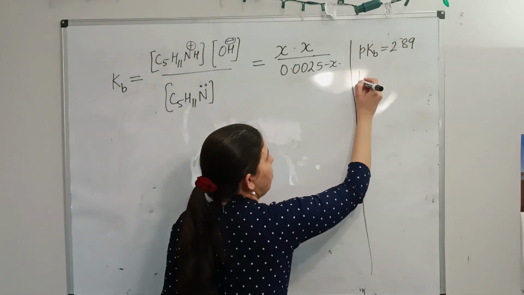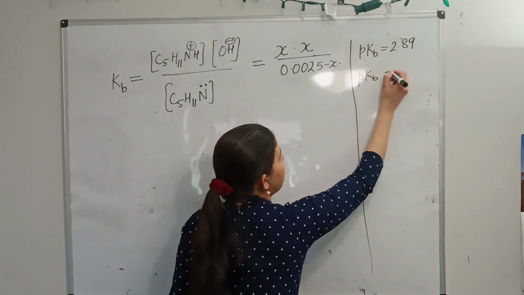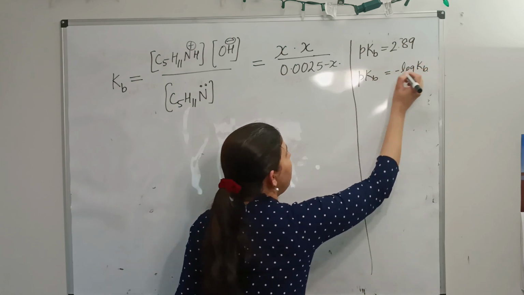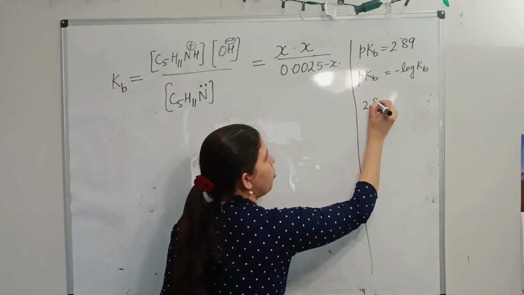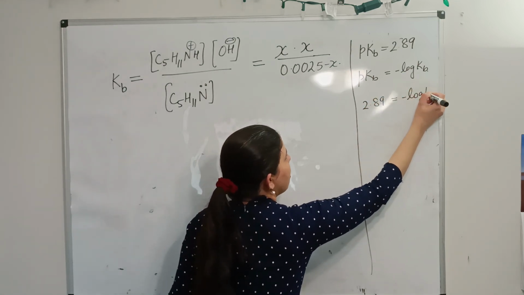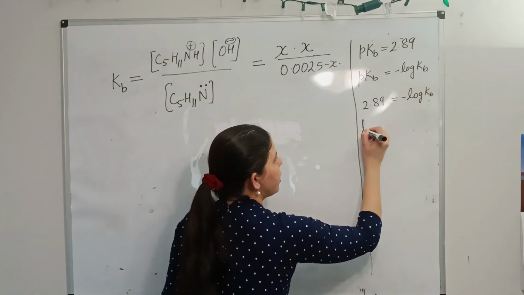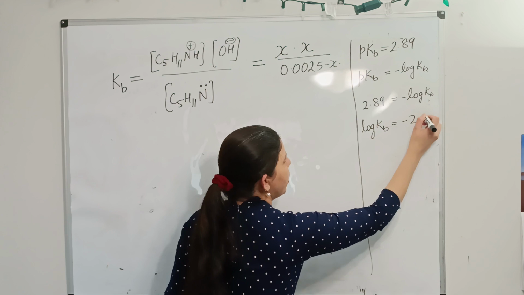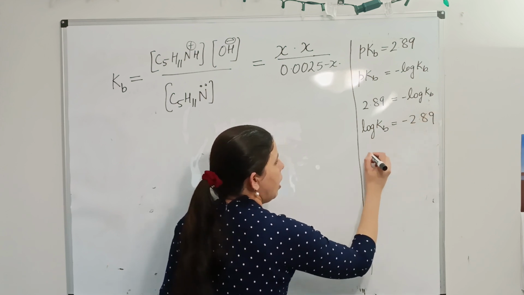We know that pKb is nothing but minus log of Kb. So pKb, 2.89, is equal to minus log of Kb, or log of Kb is equal to minus 2.89.